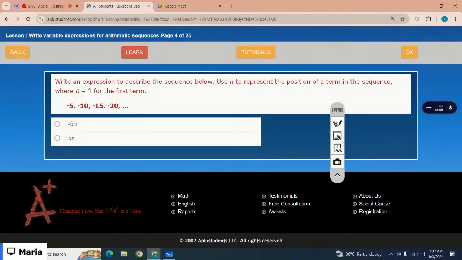Write an expression to describe the sequence below. Use n to represent the position of a term in the sequence, where n equals 1 for the first term. So, which is the correct option?